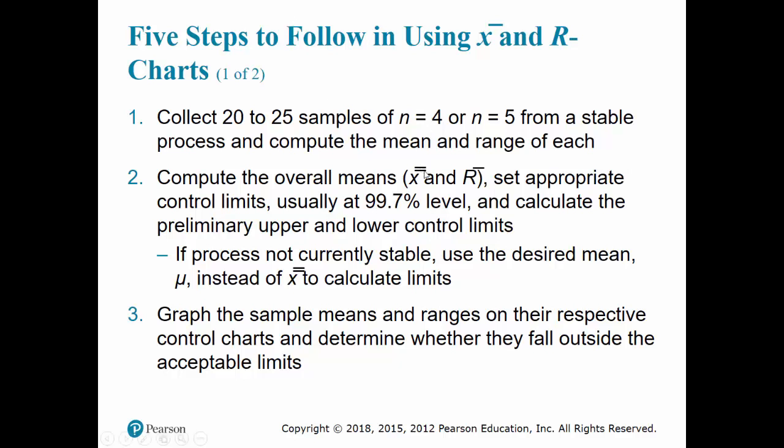You collect the X bars and the R's and then find X double bar and R bar and then develop your control limits from A sub 2, D sub 3 and D sub 4 factors. So once you have done that, then you have to verify. Remember, before you start taking the samples, you have to make sure that the production process is operating properly and there are no assignable cause variability, right?